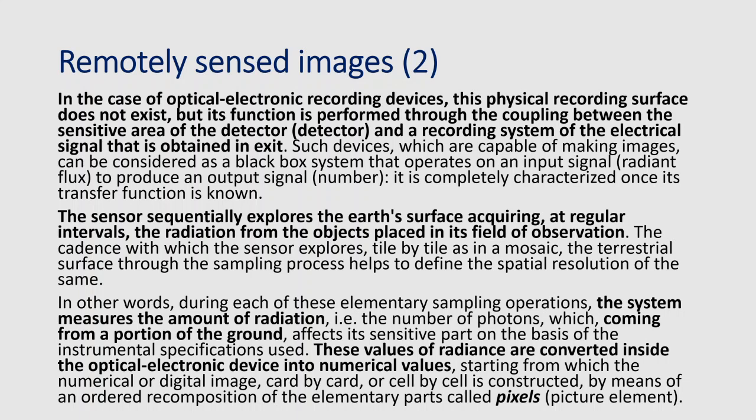These values of radiance are converted inside the optical electronic device into numerical values, starting from which the numerical or digital image, card by card or cell by cell, is constructed by means of an ordered recomposition of the elementary parts called pixels.